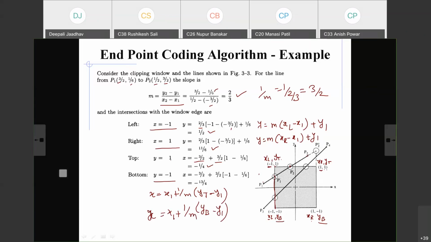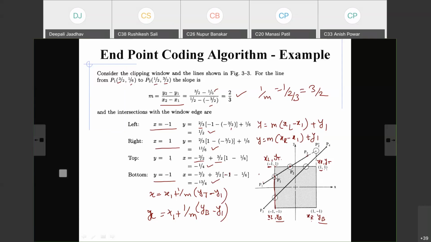So we will get this result, minus 13 by 4. Those are the intersection points we get with left, right, top and bottom for this line P1, P2.